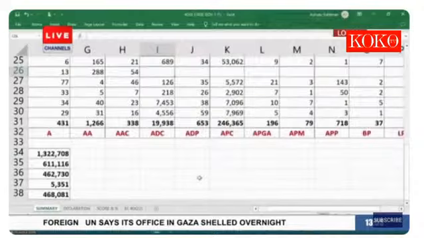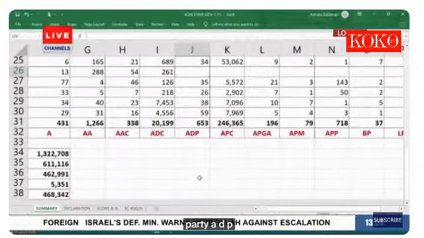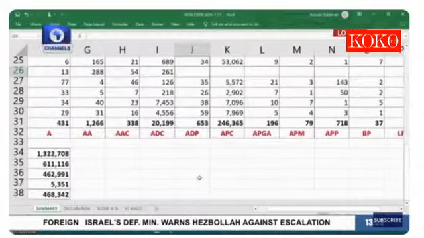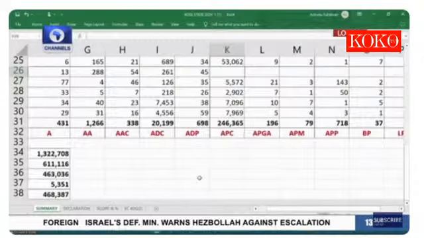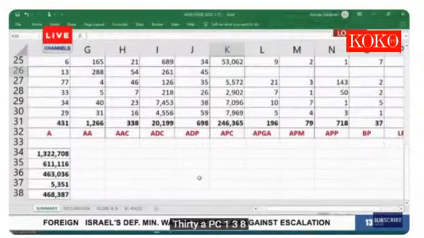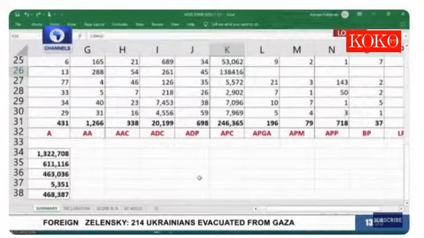Party ADC, 261. Party ADP, 45. Party APC, 138,416.